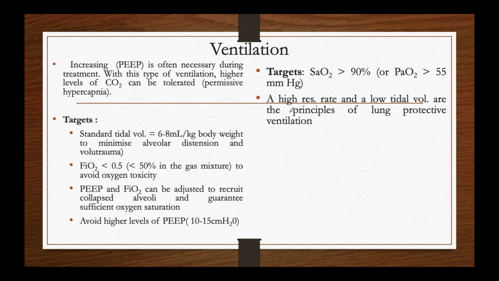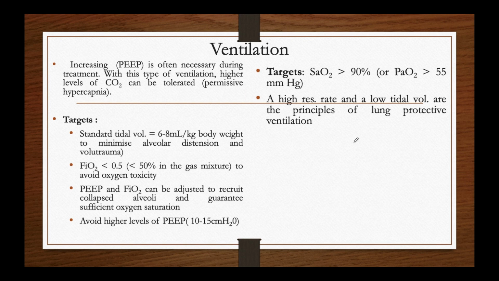So we always need a higher respiratory rate to help us protect the lungs, and also to help us improve ventilation. When we do all these, then we are going to increase the functional residual capacity of the patient, and our main goal of recruiting the alveoli will be achieved.